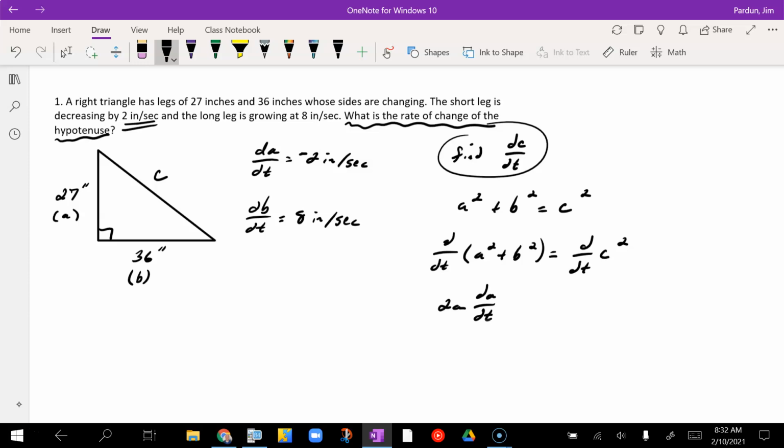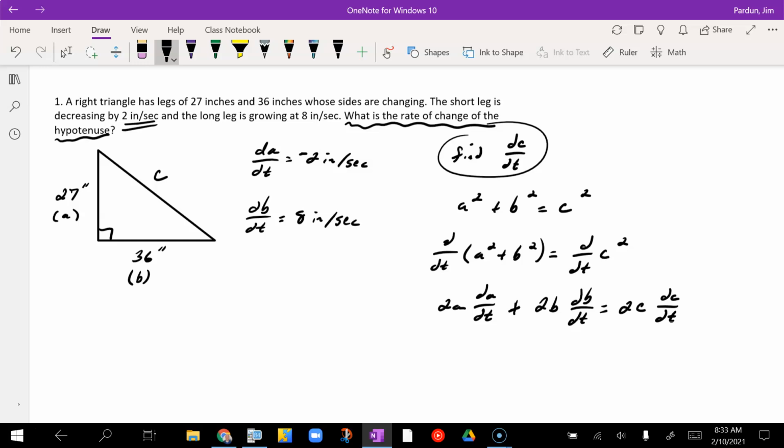There's your implicit differentiation. When I take the derivative of b squared, that's going to be 2b times the derivative dB/dt. And then when I take the derivative of c squared, that's going to be 2c dc/dt.